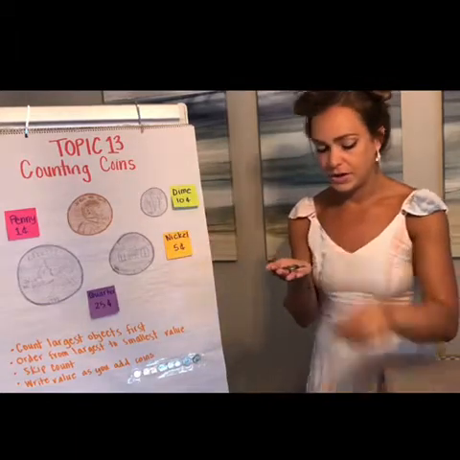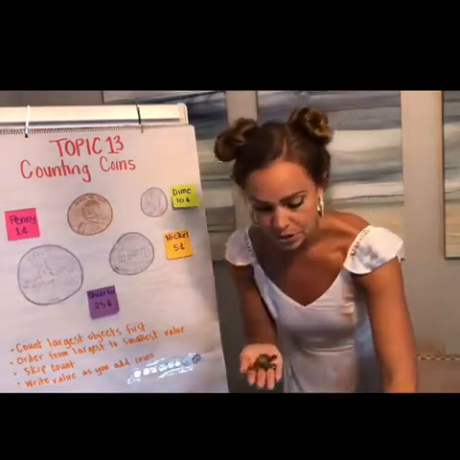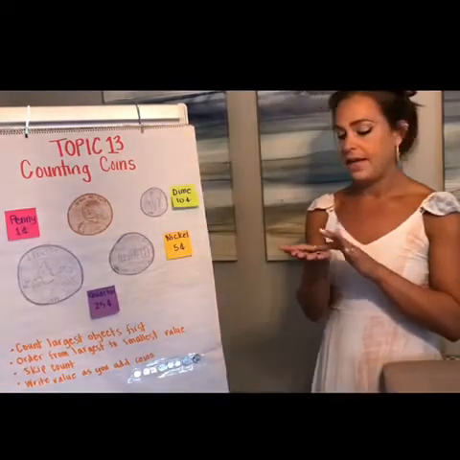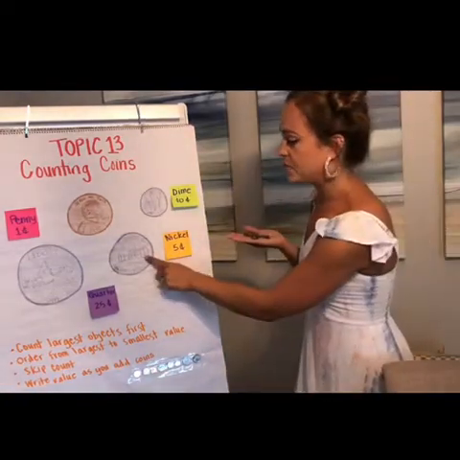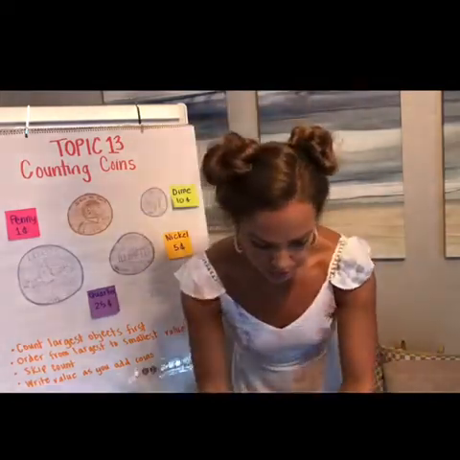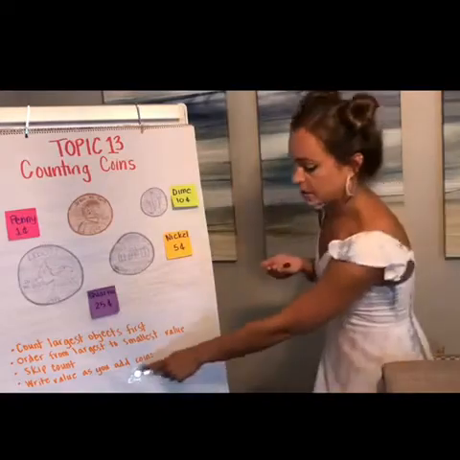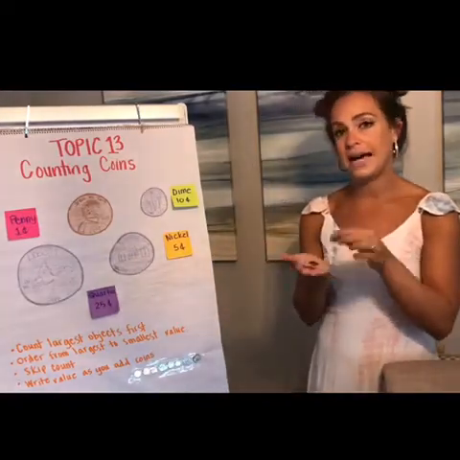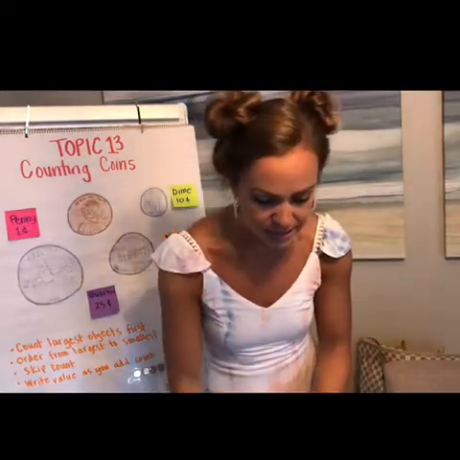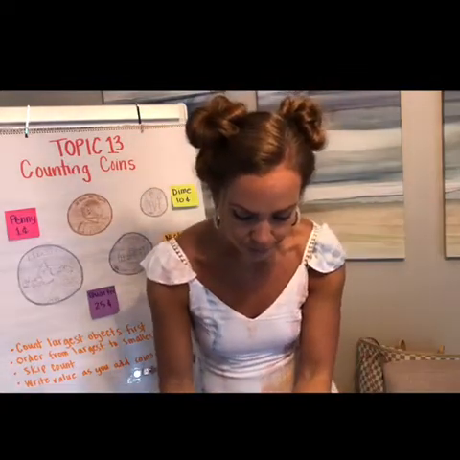So how many dimes do I have? I have 1, 2 dimes. Then I'm going to go to my next value, which is my nickel. So I have 2 nickels. And I'm just putting them in a row, just like here. And then my last one is going to be my penny, which is easily identified because it does have that copper color.